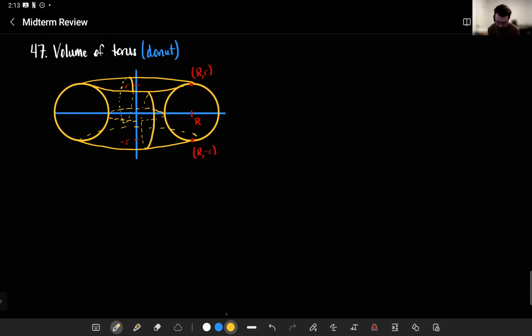And what we want to do is slice this thing up in some nice way to make it easy to integrate. And the thing to think about, what's the best way to slice it? Well, you could imagine that, if I cut it just straight down the middle, right down the x-axis, then I would actually get something that looks like this.